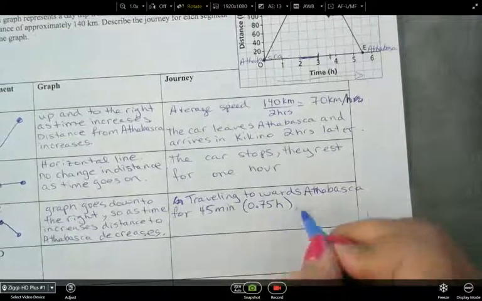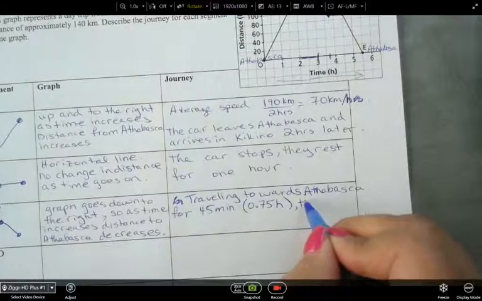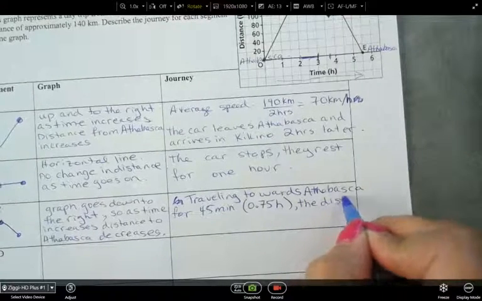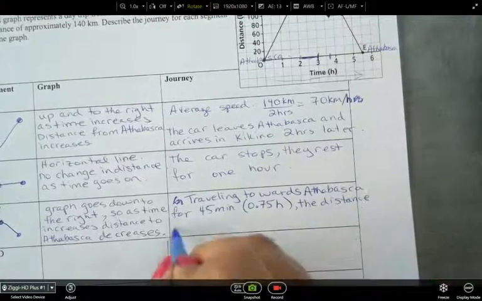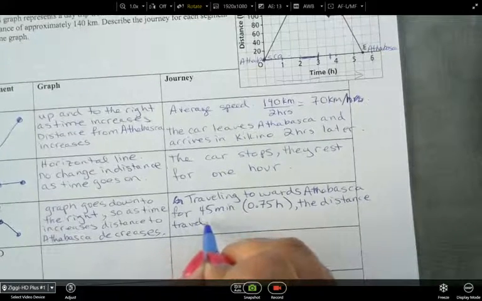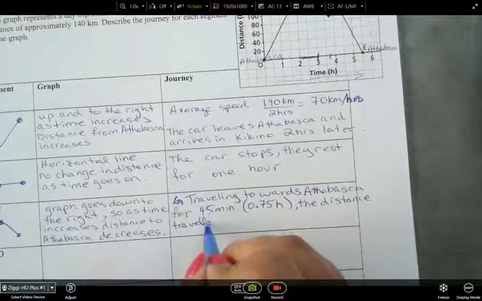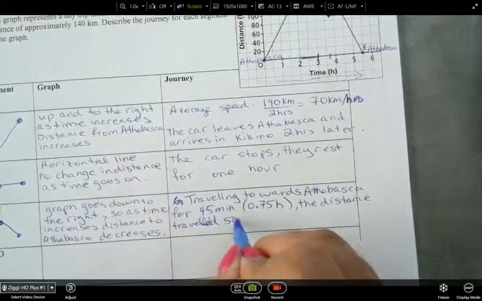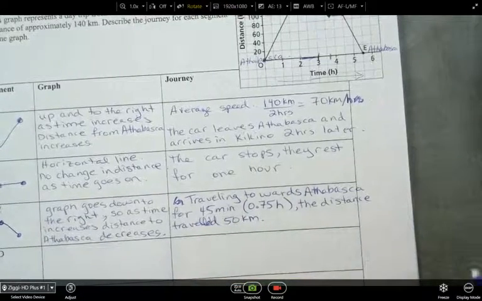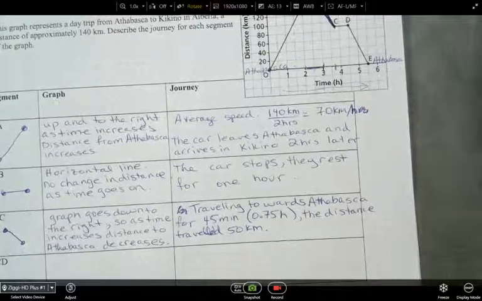The distance traveled, I only go how far? Traveled is 50 kilometers. Okay, can you tell me the speed of how fast the car was traveling for this chunk?